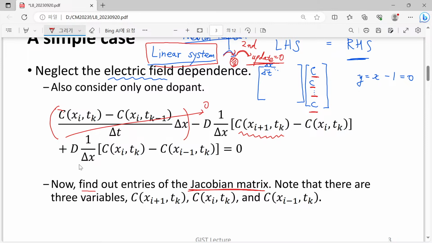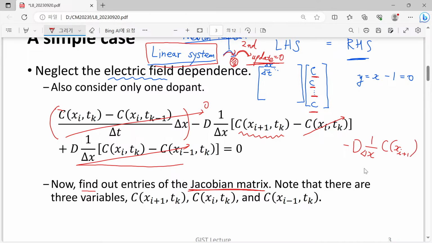And also please have a look at this part. Here we have nothing related with x sub I plus 1, so this one also goes away. Even this term does not contribute. So simply speaking, what we must do is just to calculate partial derivative of this quantity.